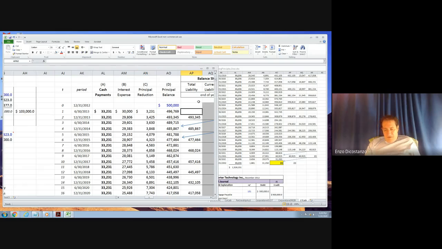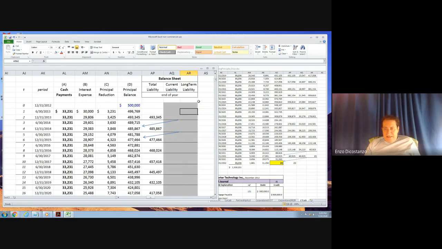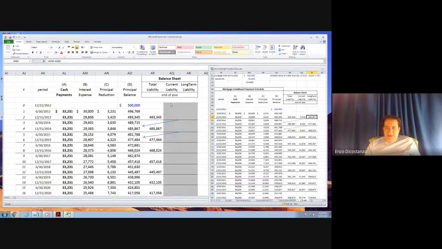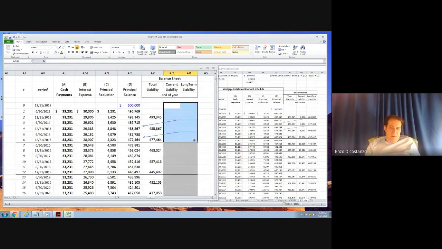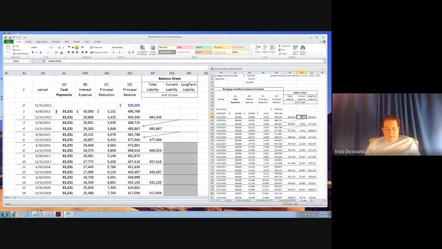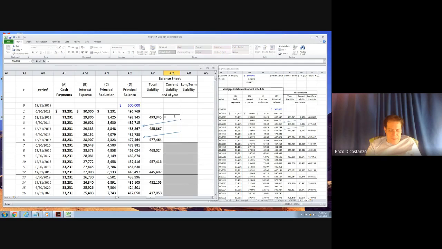Okay. So what's next? What's next is this is the next two principal reductions. That's the current liability.